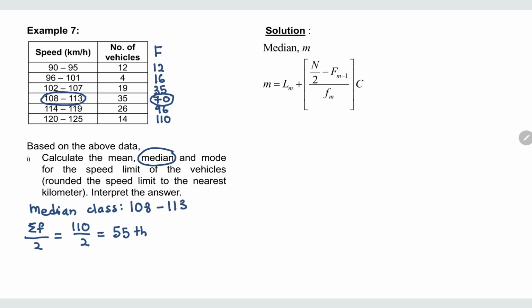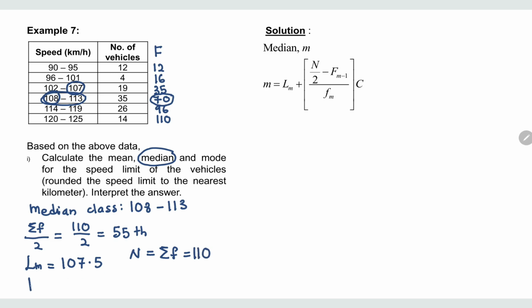Next, we can find the other information. The lower boundary of the median class is (107 + 108) divided by 2, which is 107.5. Next, n is equal to the summation of f, which is 110.